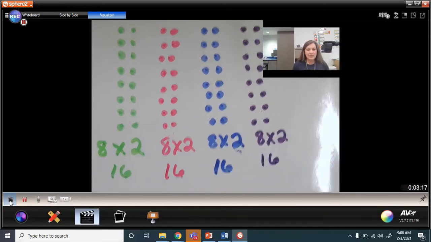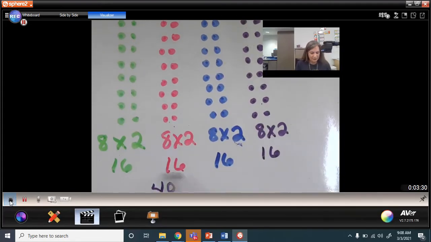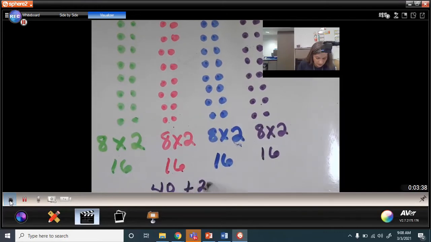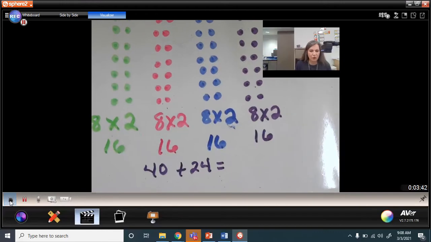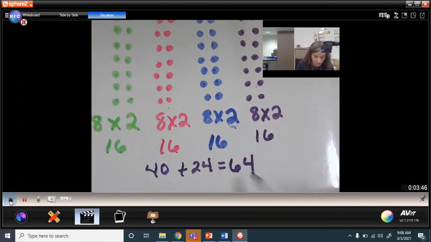Now, I can take those 4 groups of 16 and add them together. So I say 10, 20, 30, 40. And then 6 plus 6 is 12, plus another 6 is 18, plus another 6 is 24. Now, when I add up all 4 groups of 16 together, I get 64.